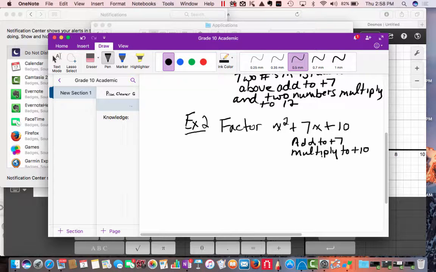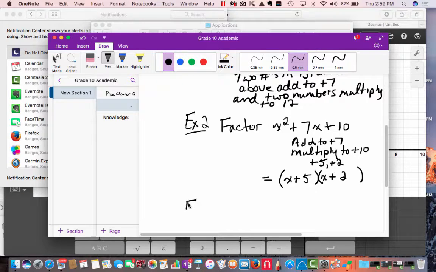Probably easier to think of the numbers that multiply to 10, which also add to 7. Two numbers that work are plus 5 and plus 2. So the original trinomial would factor to, obviously, x in each bracket, so that x times x gives you x squared, and then the numbers you found, so x plus 5 and x plus 2.